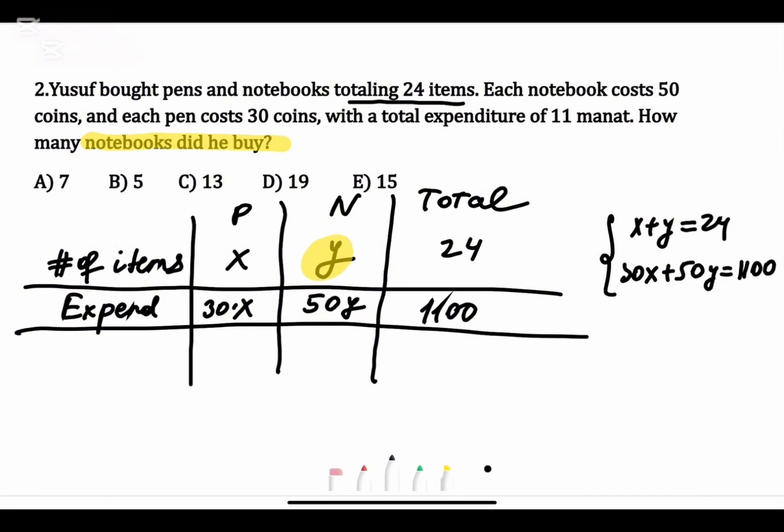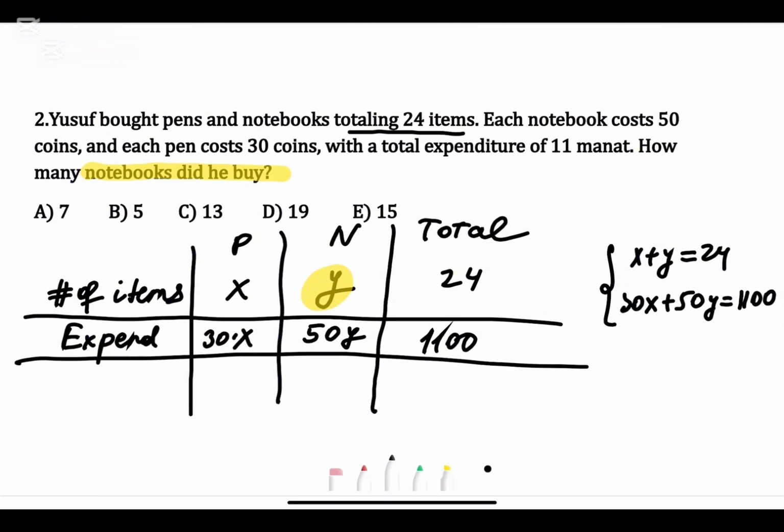So what I'm going to do, I see again, I can divide both sides of the second equation by 10. I don't want to deal with large numbers. So I'm going to rewrite the first equation as it is. So we have 5x plus y equals 24, and I have 3x plus 5y equals 110.